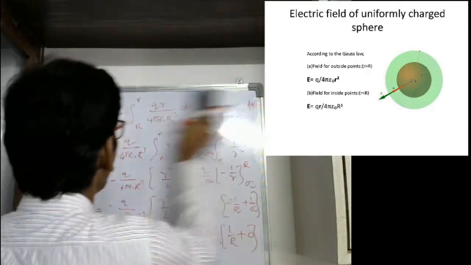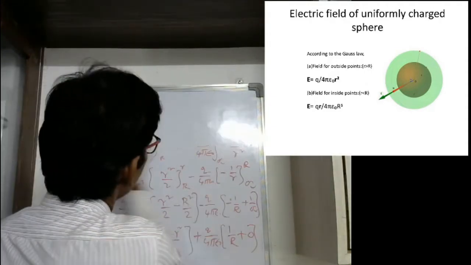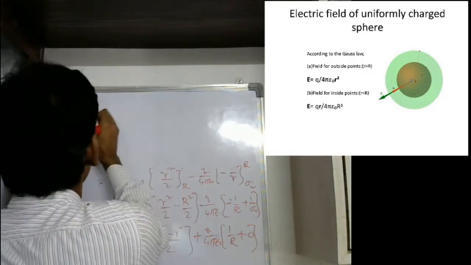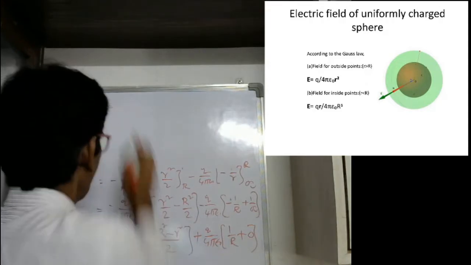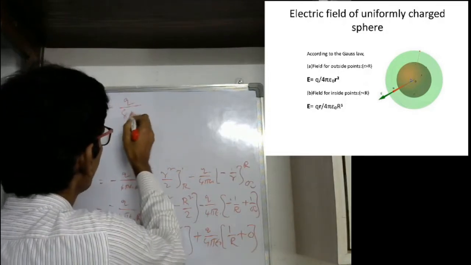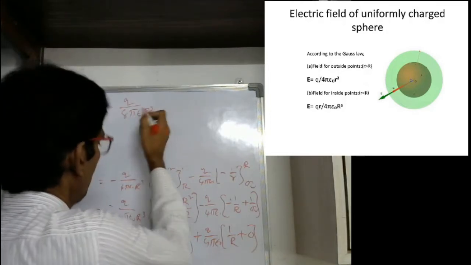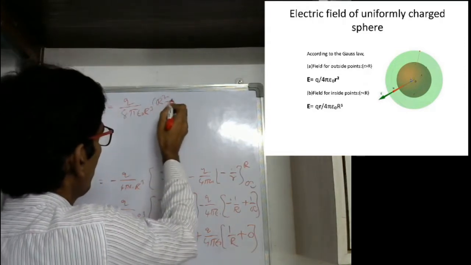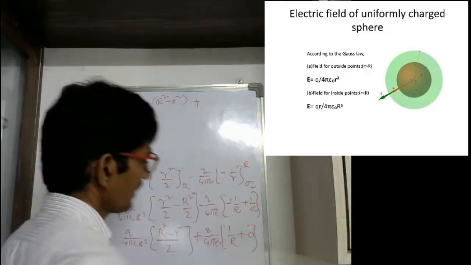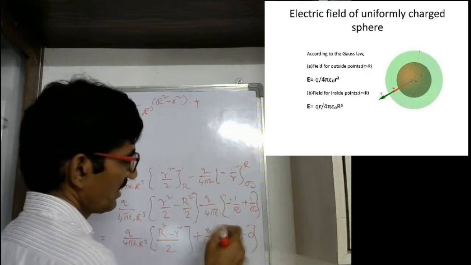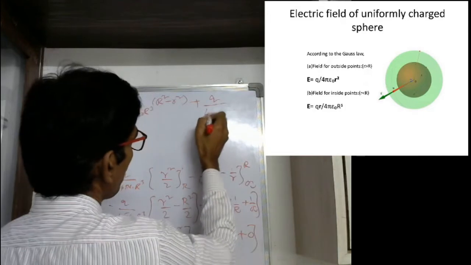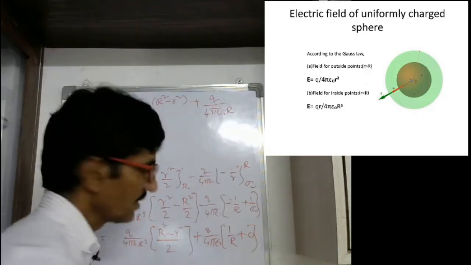So now here finally phi in is equal to q by 8 pi epsilon naught r cube, R square minus r square, plus q by 4 pi epsilon naught into 1 by r, q by 4 pi epsilon naught r.